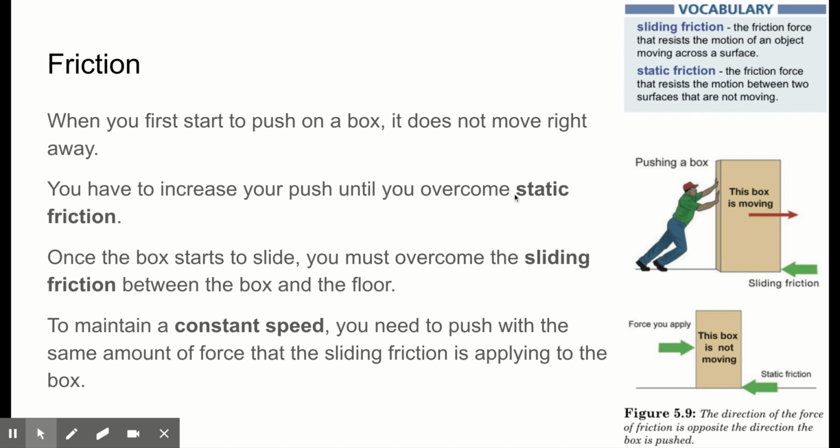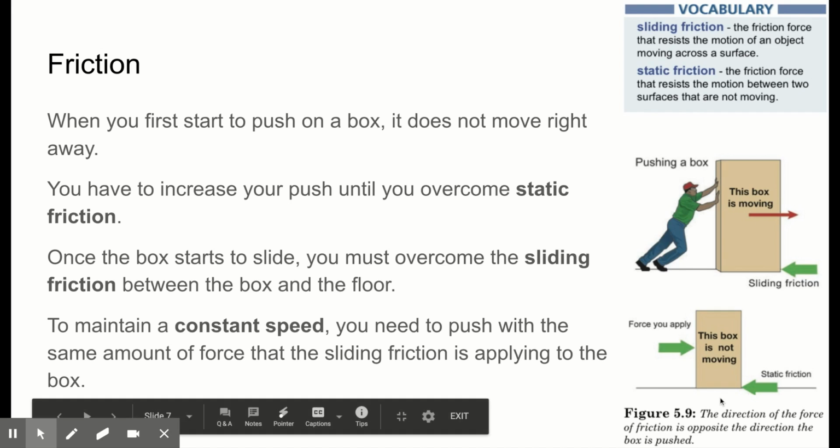If two surfaces are in contact with each other but they're not moving, that's static friction. Static meaning motionless, no changing. So for example, when the box is being pushed on one side but it's not moving, there's static friction between the box and the floor.